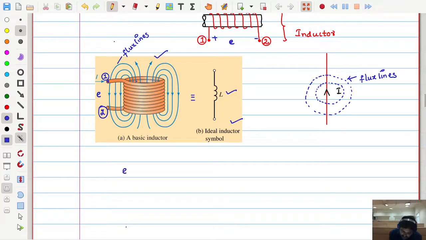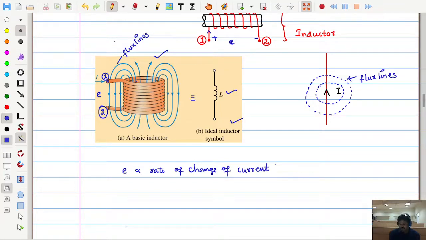That induced voltage depends on the amount of the current rising in this coil. If I increase the current very fast, then more induced EMF can be developed across this. So e is proportional to the rate of change of current.